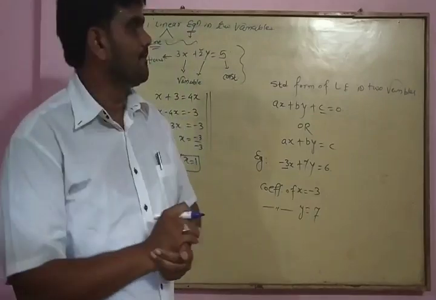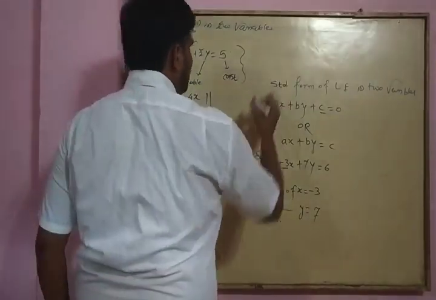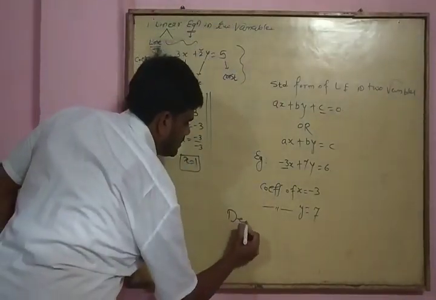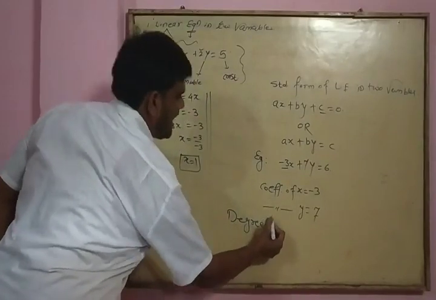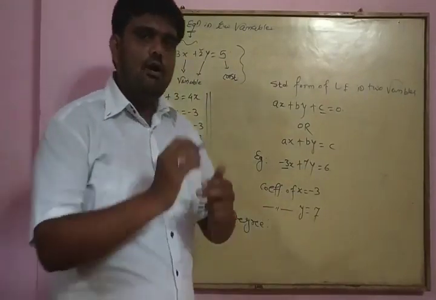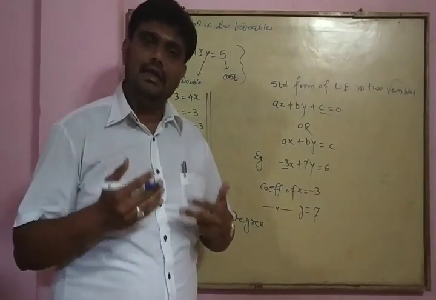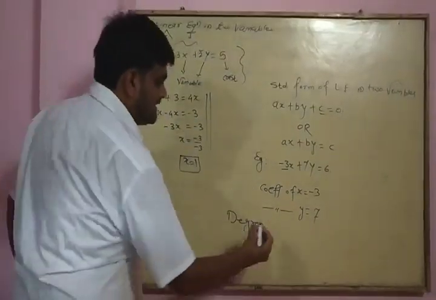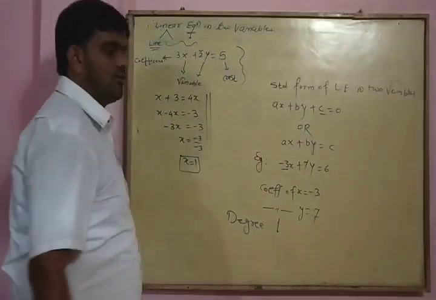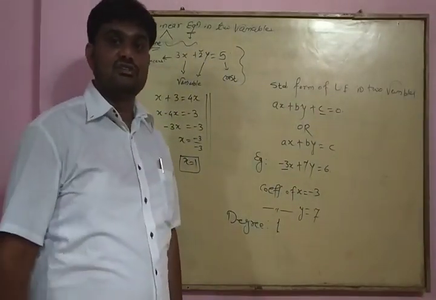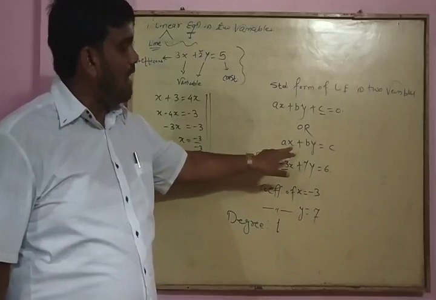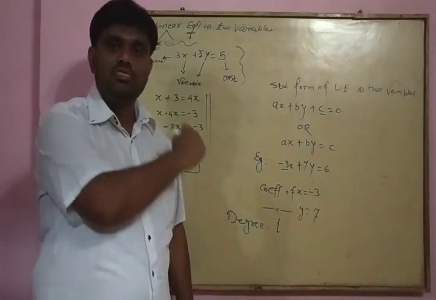Another thing is the degree. The degree of any linear equation is 1, which means the power of the variable is 1.